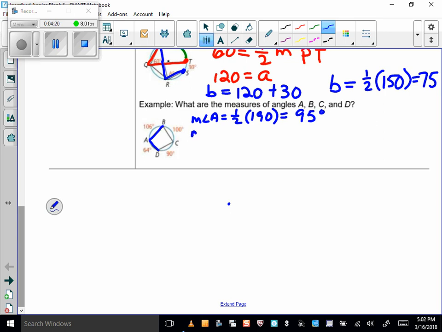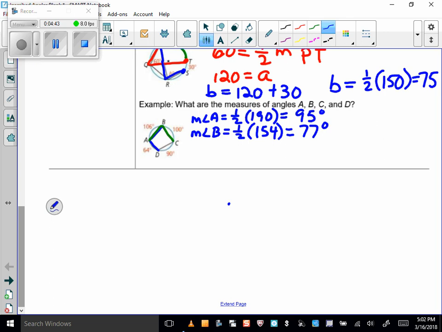The measure of angle B is going to be 1/2 of its intercepted arc, and B intercepts this arc, 64 plus 90, so I believe that's 154. So the measure of angle B is going to be 77 degrees.